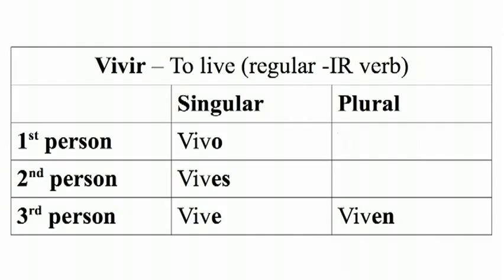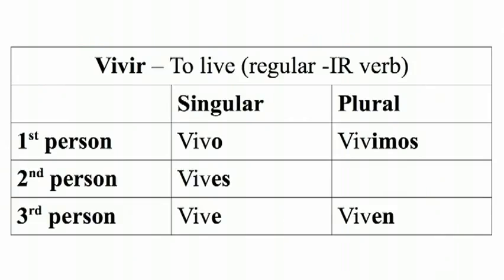Now, for the nosotros and vosotros forms, you'll have the endings that you probably thought an IR verb would have in the first place. What kind of endings do you think an IR verb would have? With I's, right? So, instead of an E in emos and an E in éis, let's just change them to I's.